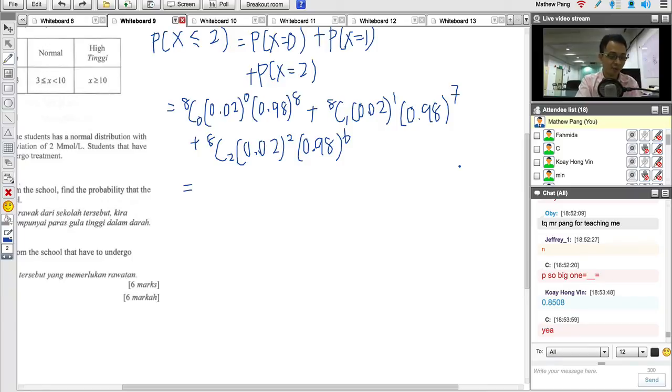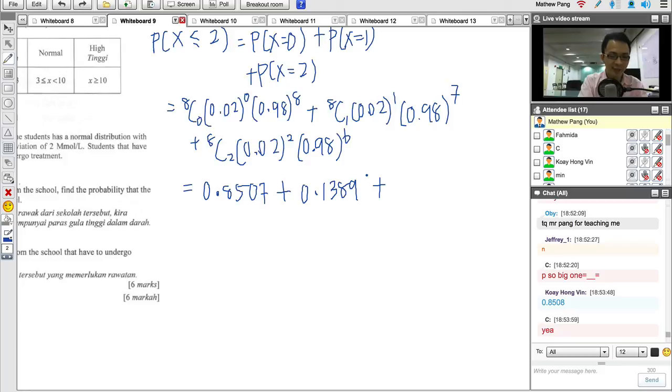Maybe I can do that. 0.98 to the power of 8 is 0.8507, plus 8 multiplied by 0.02 multiplied by 0.98 to the power of 7, which is 0.1389, plus 8C2 multiplied by 0.02 squared multiplied by 0.98 to the power of 6, which will be 0.009921.